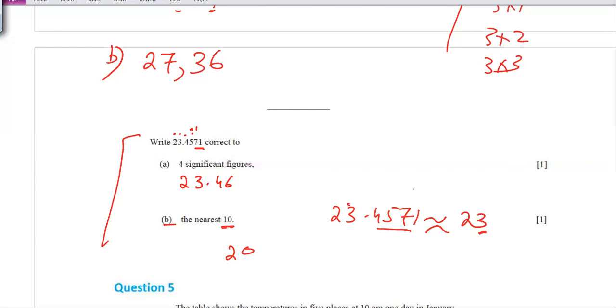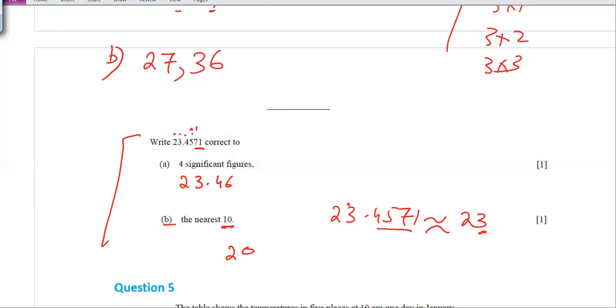As Varisha is asking, sir, the question is not saying to round off. Good question. But look, when you have to round to the nearest 10, it means it is a whole number. It is understood, because when you round to the nearest 10, 100 or whatever, you are rounding to a whole number, so first make it a whole number and then go accordingly.